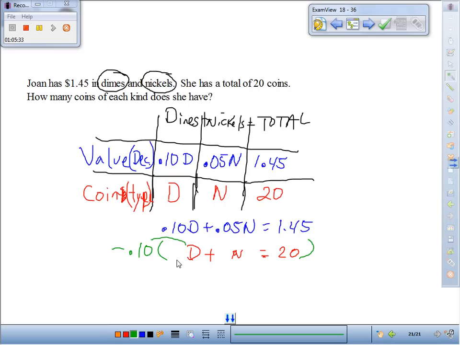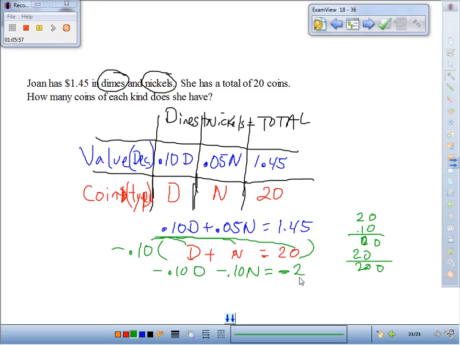Let's distribute. This becomes negative 0.10D, negative 0.10N equals negative, let's see, what is 20 times 0.10? With 2 decimal places, this is 2.0. All right, so now can we eliminate?